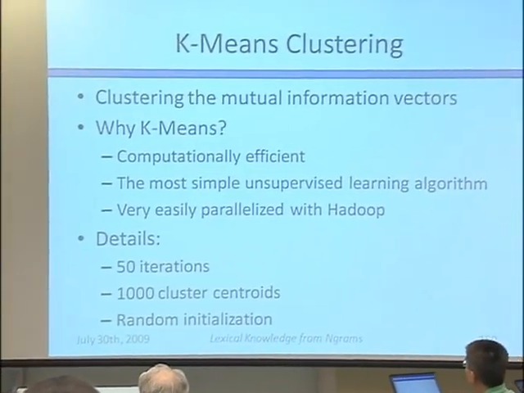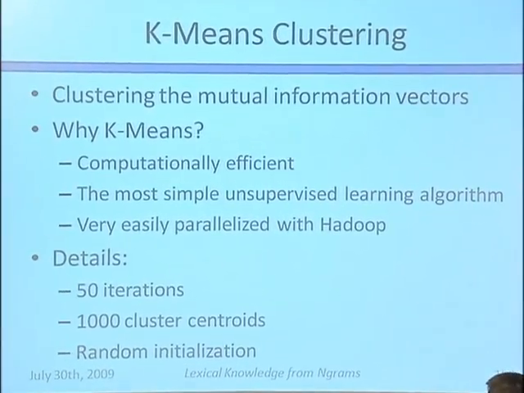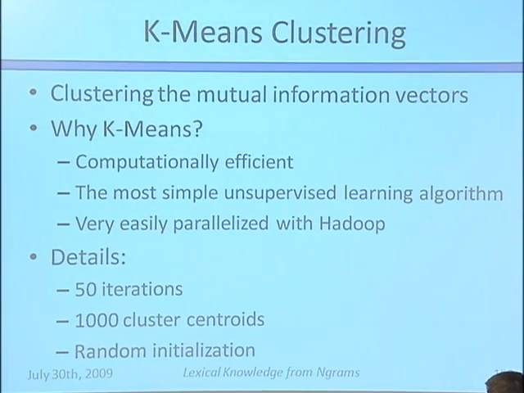The reason we chose k-means clustering is we have enormous amounts of data and we need a really computationally efficient algorithm. It's also unsupervised, and we needed it to be extremely parallelizable, and k-means is supposedly embarrassingly parallelizable, and it was.